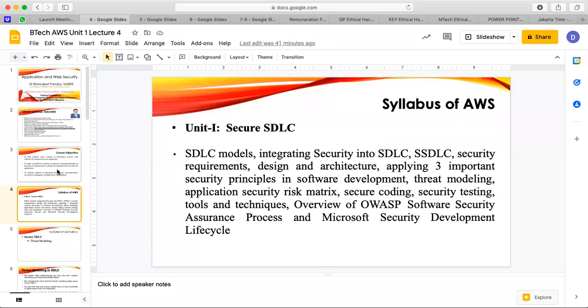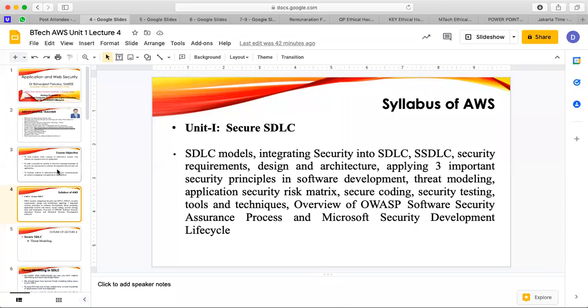So we are in Unit 1. In the previous three lectures we have covered SDLC models and integrating security into SDLC. Then we discussed secure SDLC, security requirements, design and architectures, and applying three important security principles in software development.